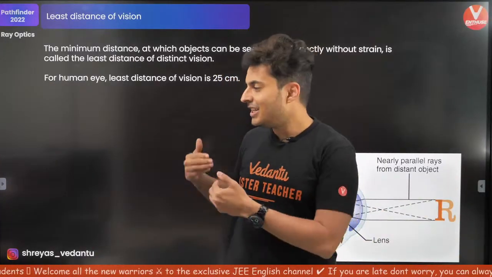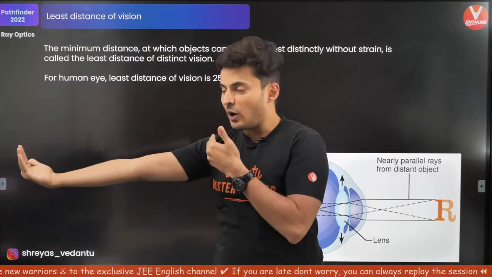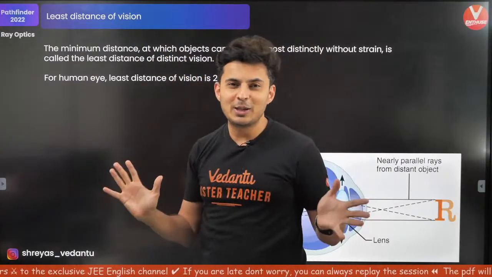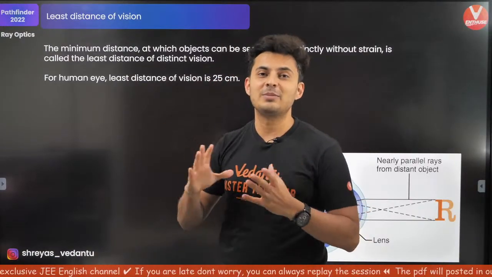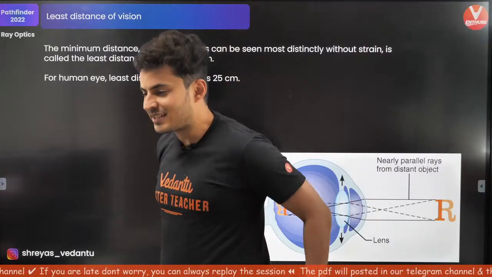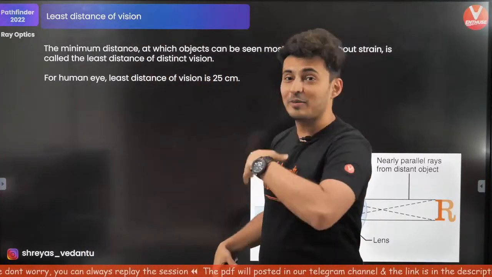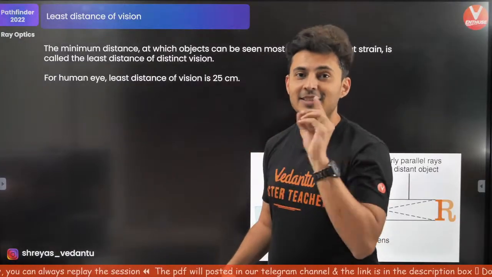That means anything at 1 meter or beyond is fine, but from 1 meter to your eye, you will not be able to see clearly. That's when you have some defect, and that's when you age. I hope this is clear. Yes, as you age, it degrades. It degrades as in it does not become less, it becomes more. More is bad, less is good.